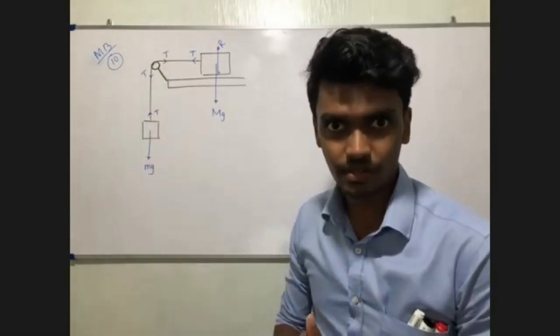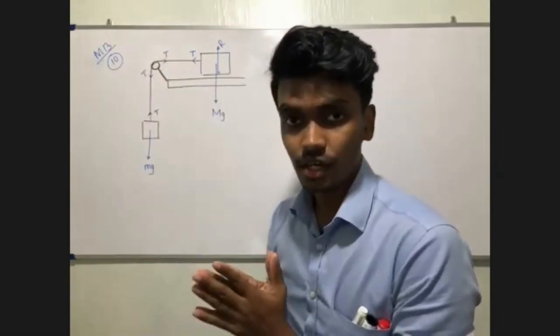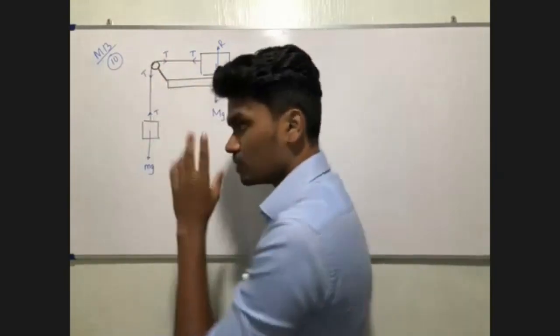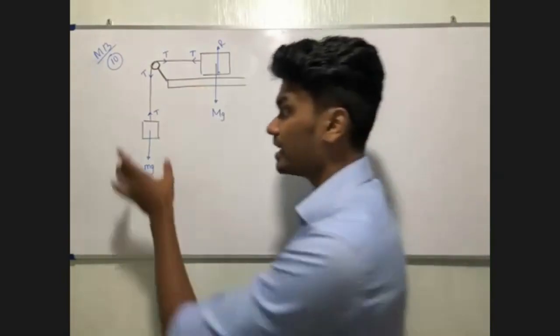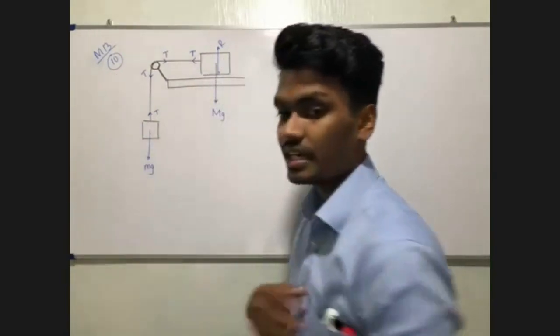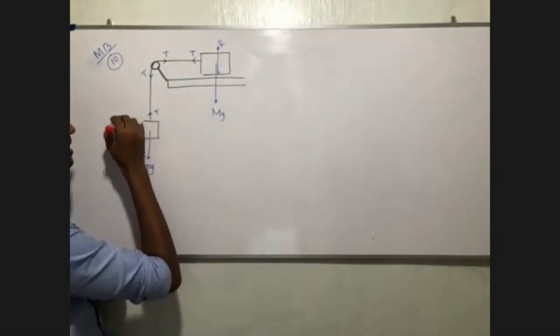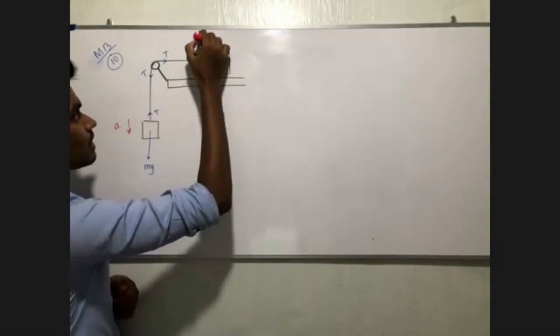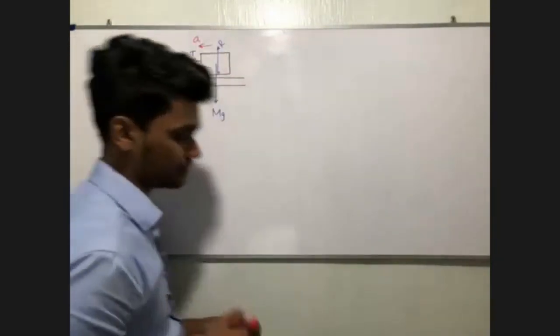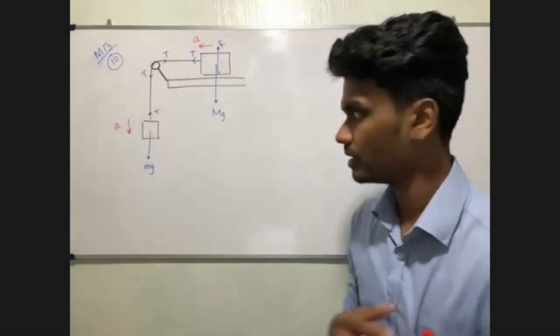That's obvious because it's connected with an inextensible string. So this is a well-known thing: if this mass travels with an acceleration a, then this also travels with the same acceleration a. This should make sense, right?